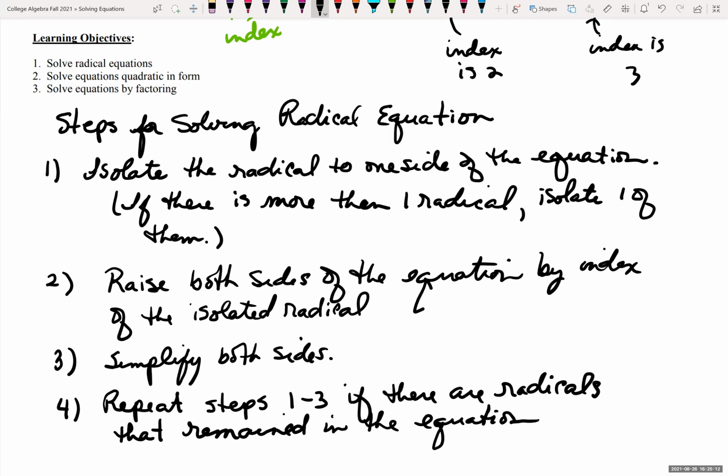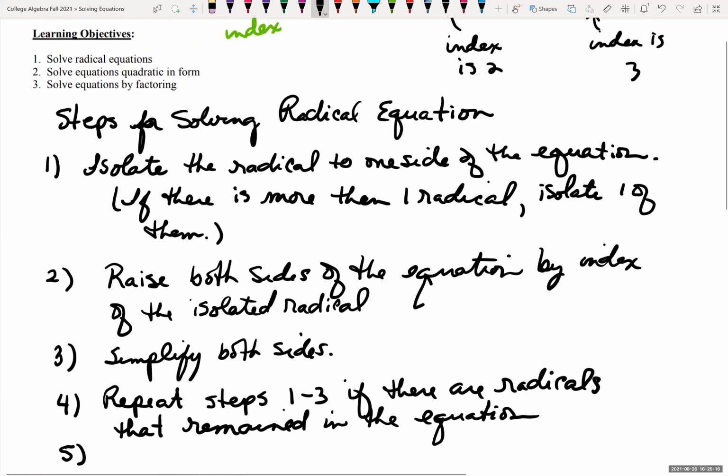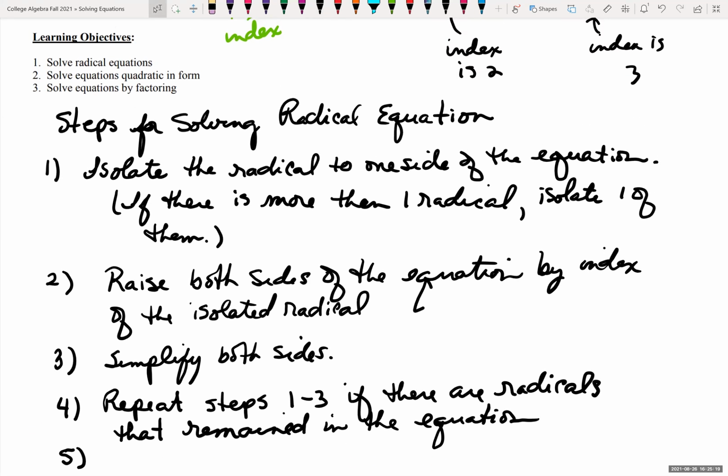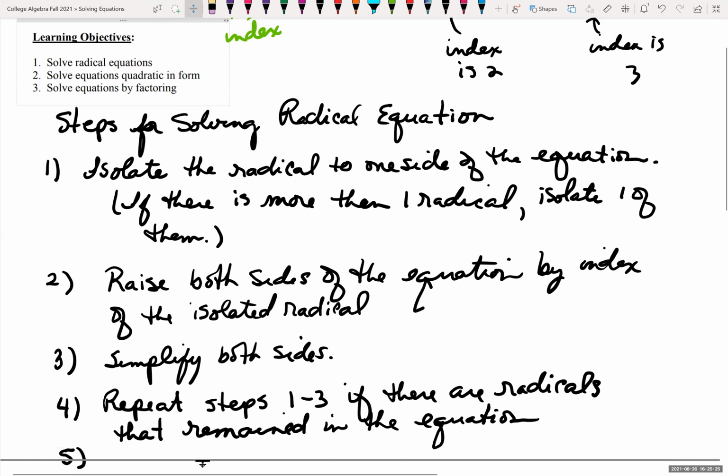So once we've done that, we've cleared all the radicals from our equation. The next thing that we want to do is solve the equation. So look at what type of equation you have. Is it linear or quadratic? And decide how you're going to go about solving it.